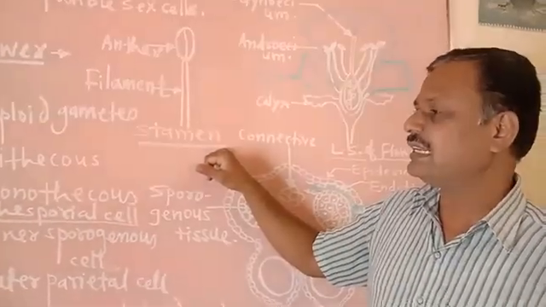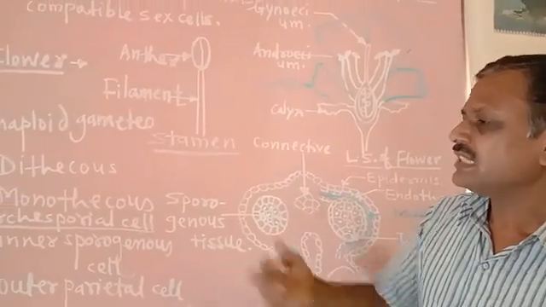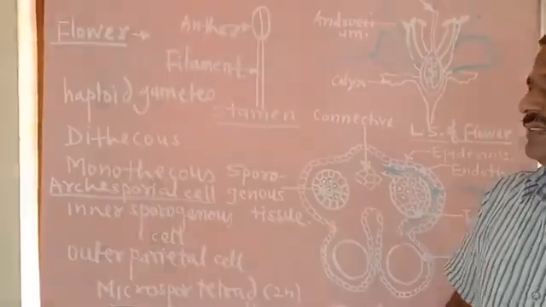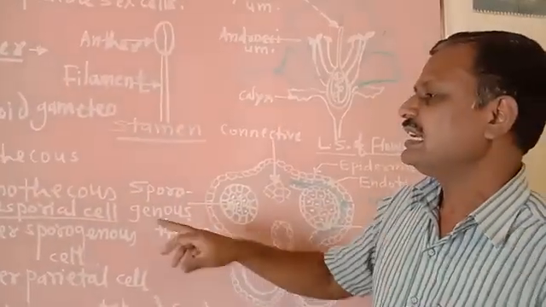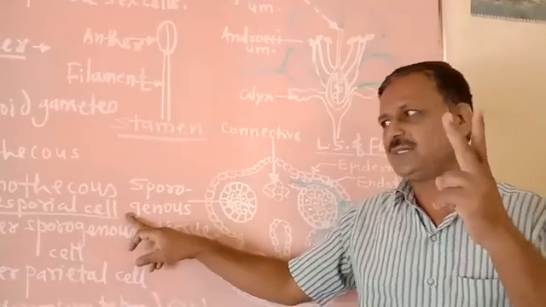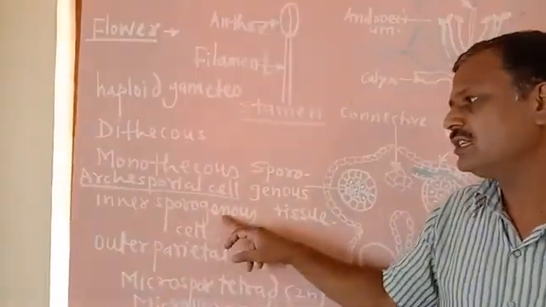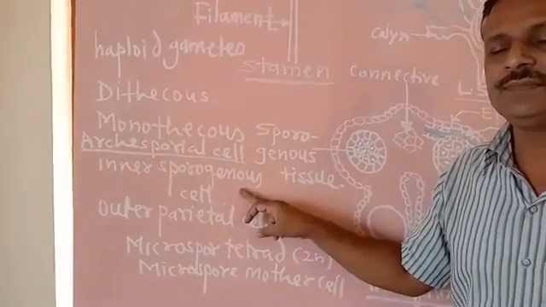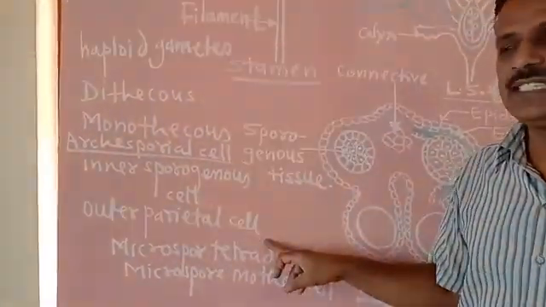In the TS of anther, this archesporial cell, which is hypodermal in position, divides into 2 cells, that is inner sporogenous cell and outer parietal cell.